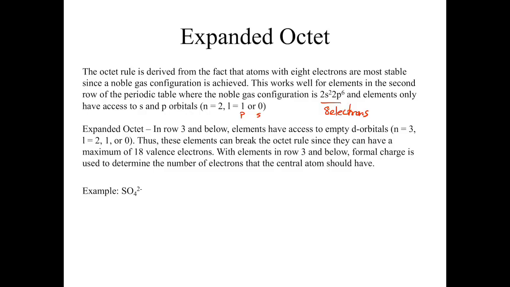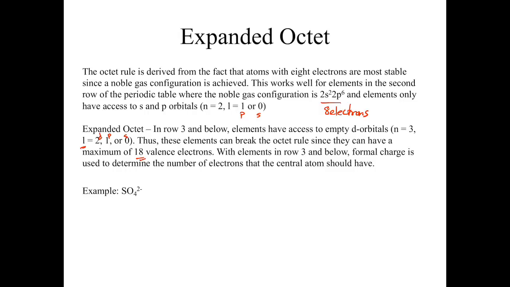In row 3 and below, we now have larger values for n. So L can be 2, 1, or 0: d, p, or s. So these elements can actually break the octet rule since they can have a maximum of 18 electrons. We're not held to this idea of only having 8 electrons. These can access those empty d orbitals.